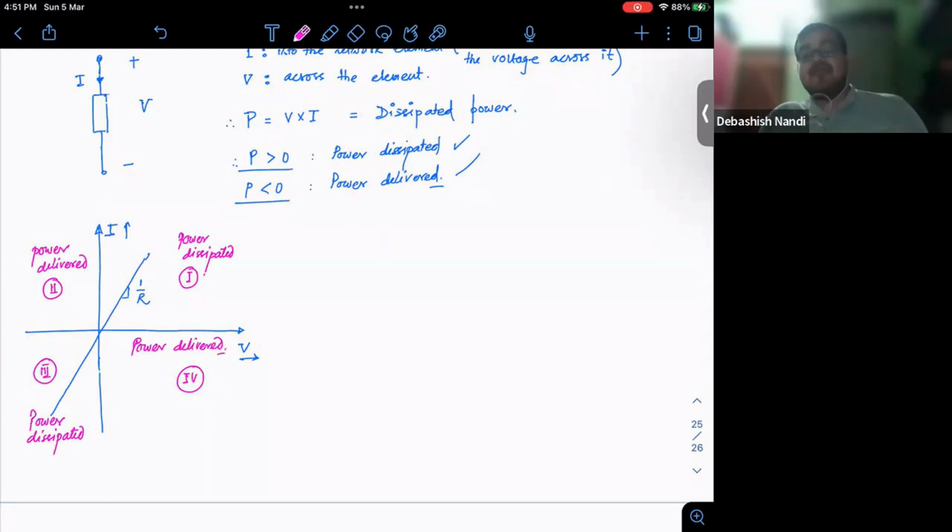You will never have a resistance with negative value in the conventional sense, so you will always have power dissipated through a resistor.